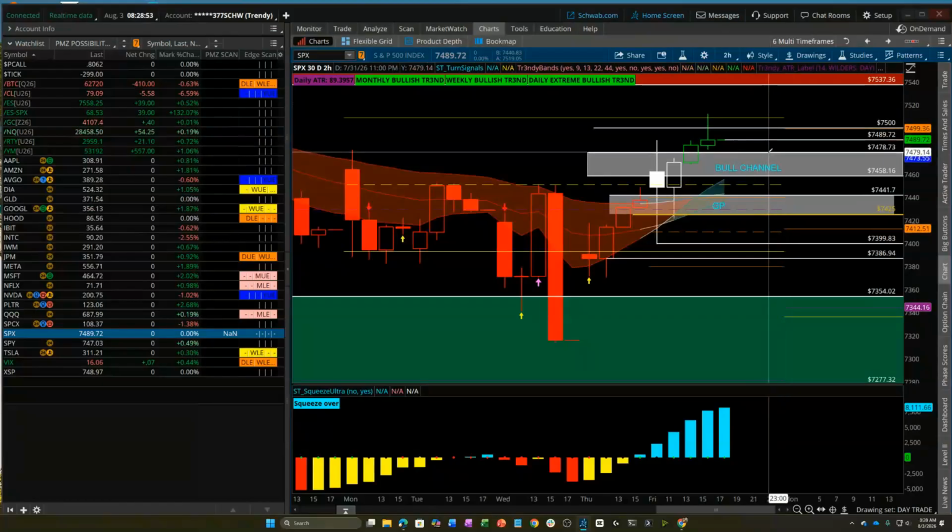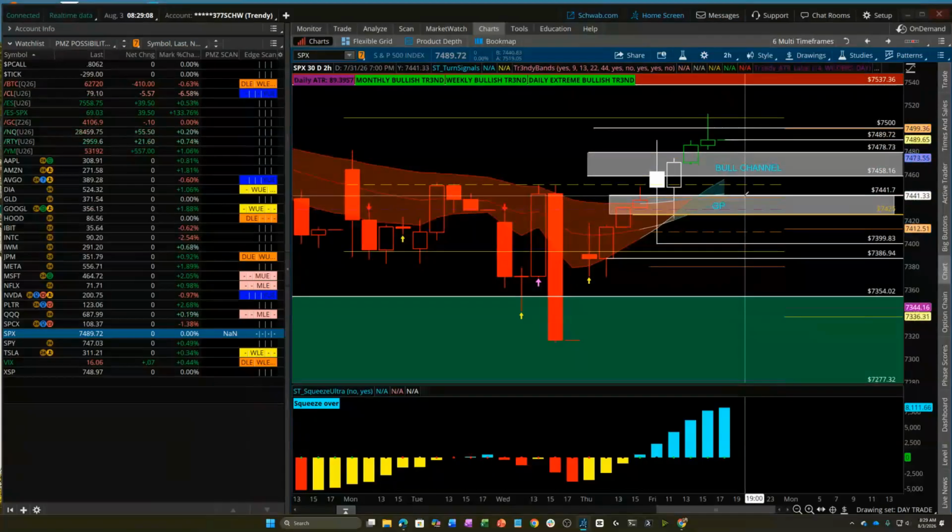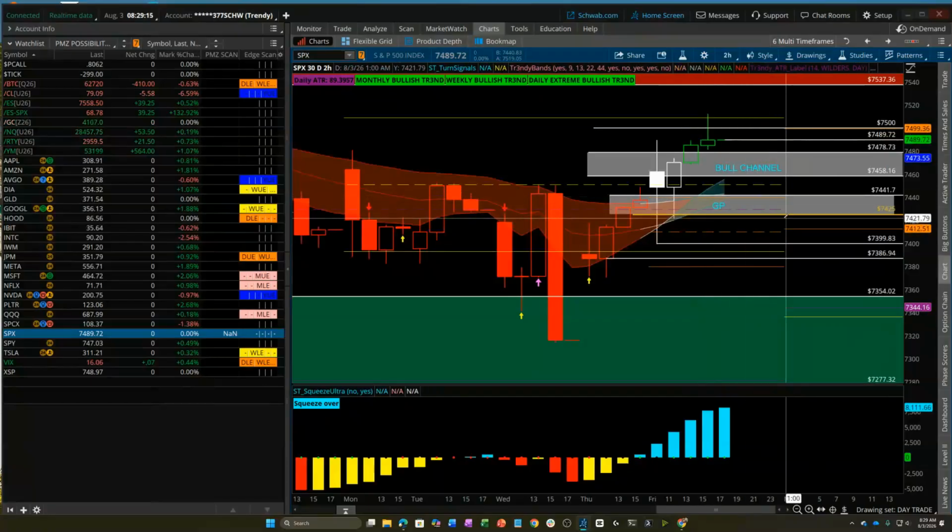But for my set and forget zones, that is 74.78 by 74.58. I do have a bid in here to go long XSP at 74.78 on SPX, and also have a bid to go long at 74.41 on SPX if we pull back to the GP.